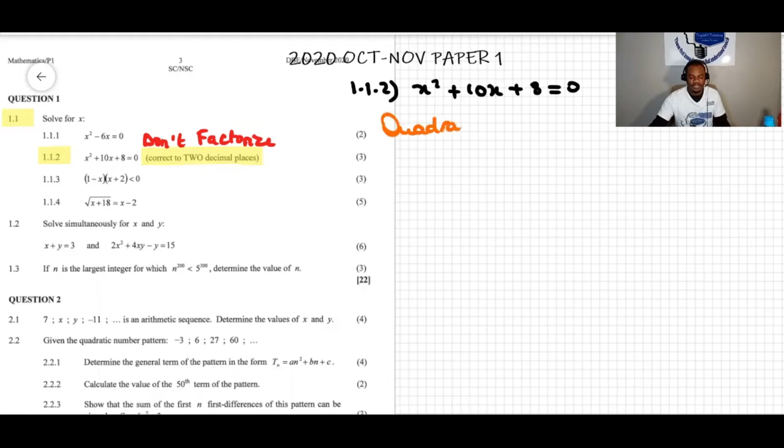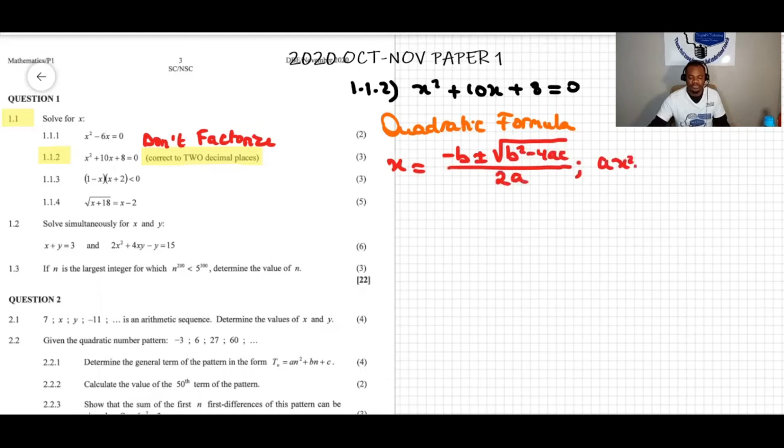The quadratic formula is given by x equal to minus b plus minus square root of b squared minus 4ac all over 2a. And the quadratic equation itself is ax squared plus bx plus c, and that's equal to 0.